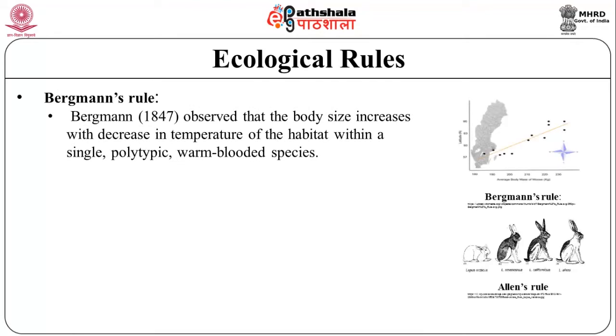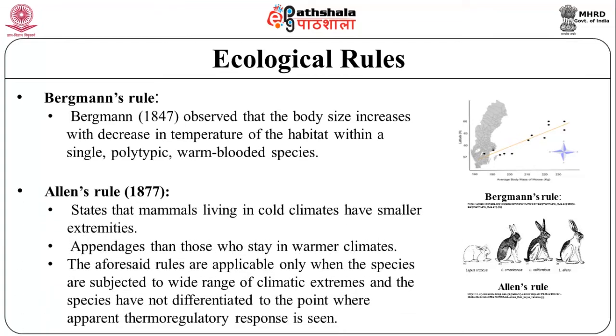Bergmann in 1847 observed that the body size increases with decrease in the temperature of the habitat within a single polytypic warm-blooded species, while another scholar, Allen, in 1877 stated that mammals living in cold climates have smaller extremities and appendages than those who stay in warmer climates.